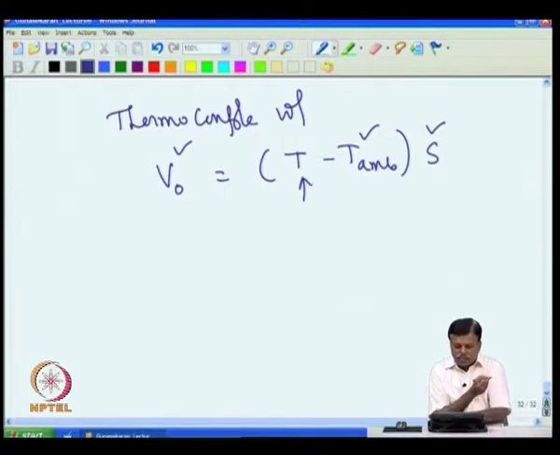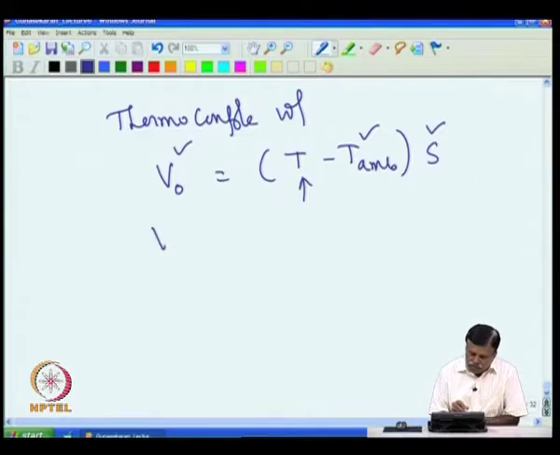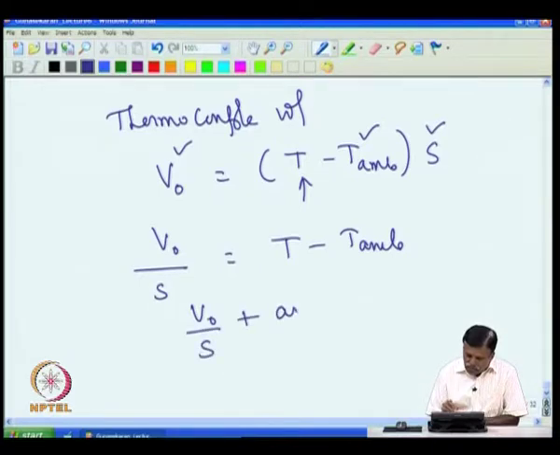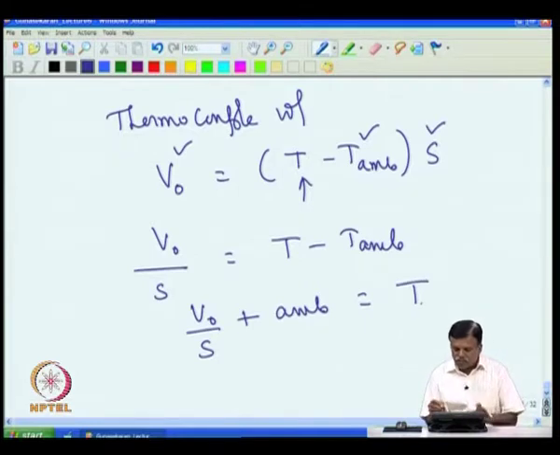This is how it is done. Normally, the output voltage divided by the sensitivity gives you T minus T ambient, and T ambient is known. So, V0 by S plus T ambient gives me the actual temperature of the junction, the actual temperature to be measured. So, we measure the ambient temperature separately and add it to the output voltage given by the thermocouple, of course considering the sensitivity, and then you get the actual temperature. So, this is what is to be done.